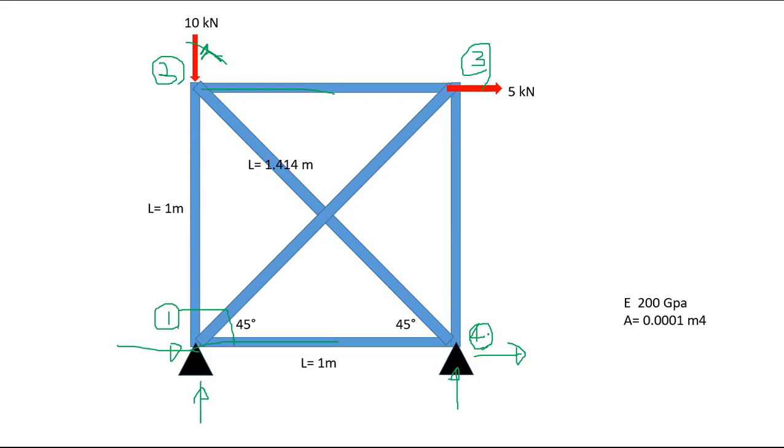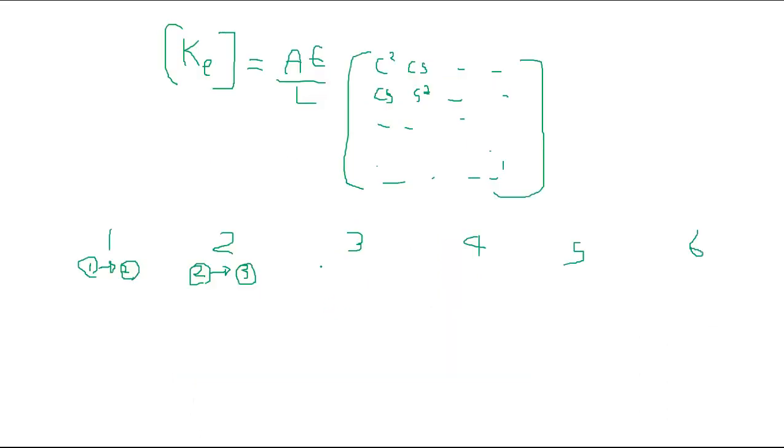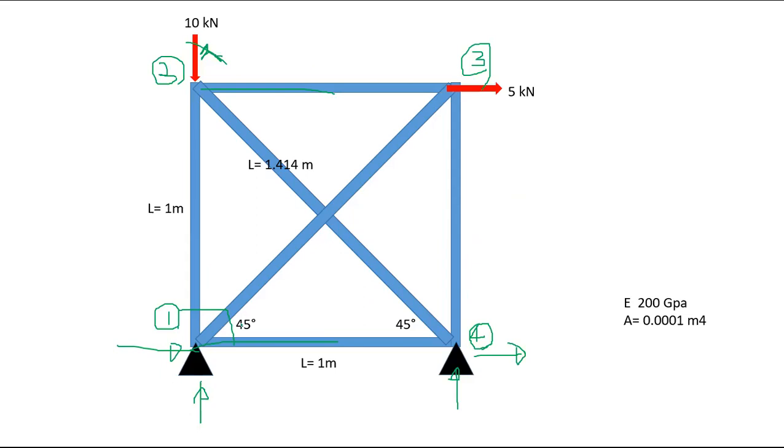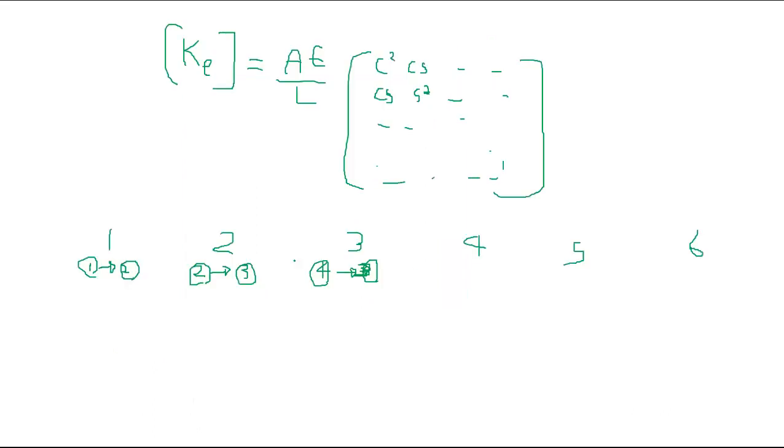It's then 90. The fourth element is from 1 to 4, not from 4 to 1. If 4 to 1, the angle is 180. If 1 to 4, that's 0.